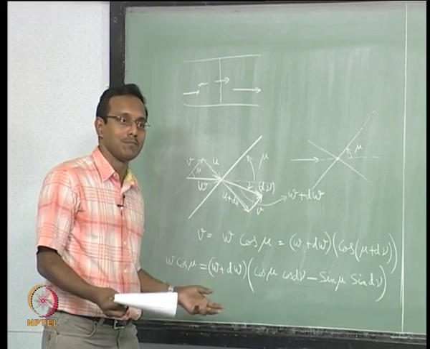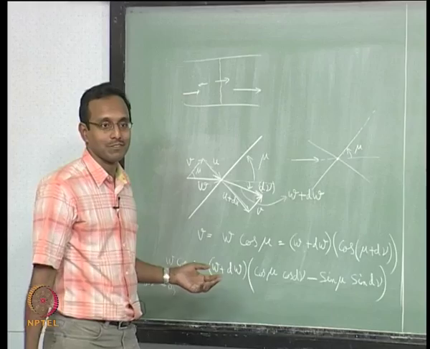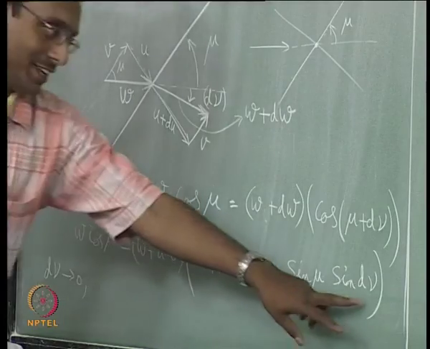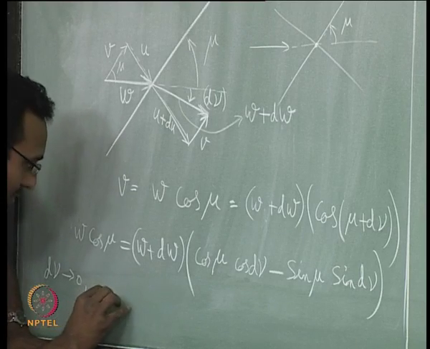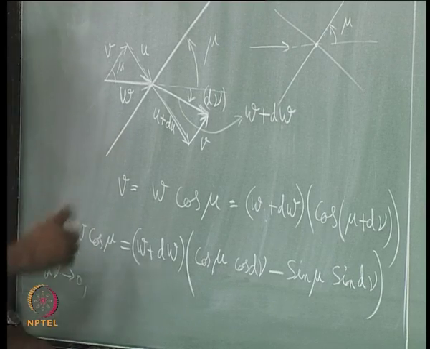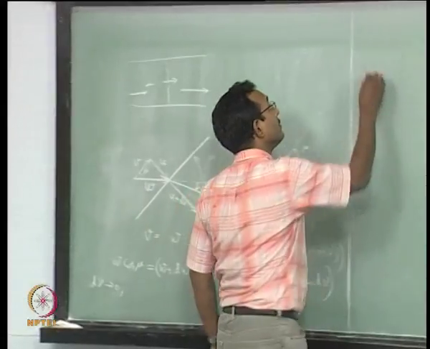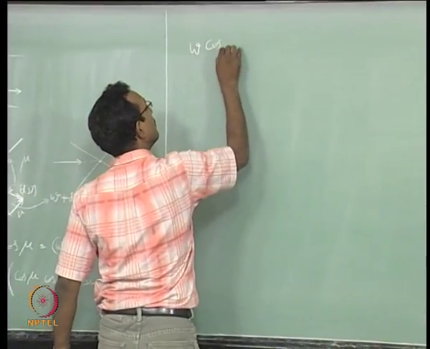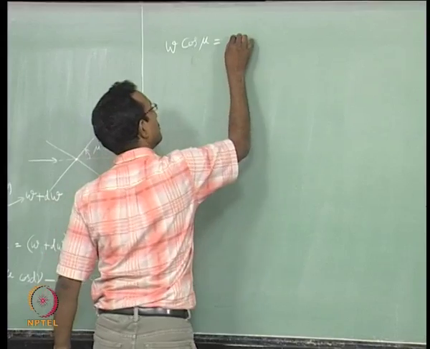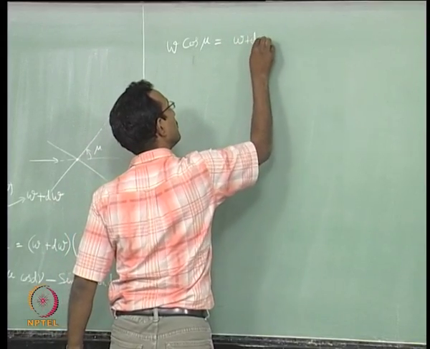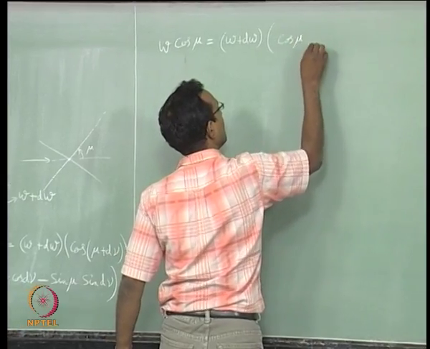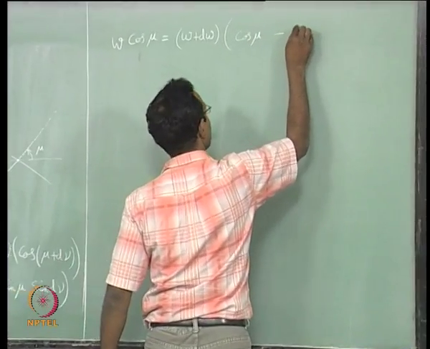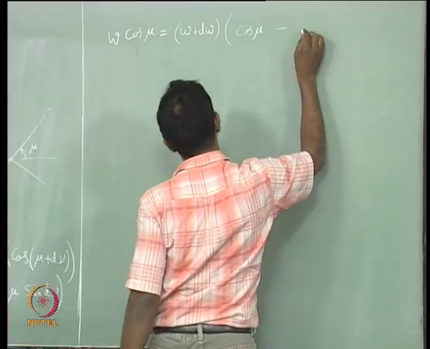That is a no-use solution, we do not want that. So, I want to keep that d nu in there. When I do that, I will write it fresh on the other side: w cos mu equals w plus dw times cos mu times 1 minus sin mu d nu.